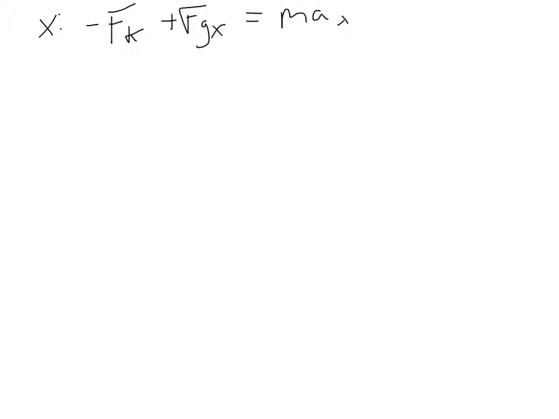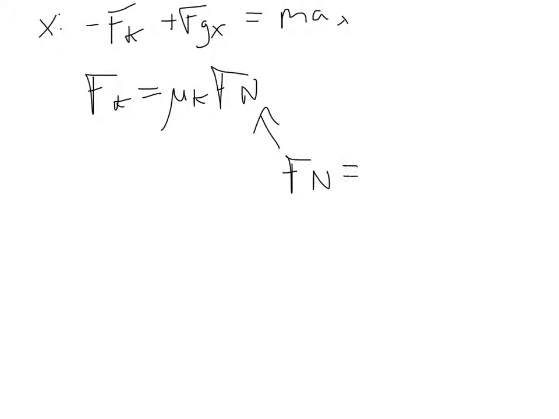I have that Fk equals mu k times Fn, and then Fn from the y equation, Fn equals Fgy, which equals Fg cosine theta.